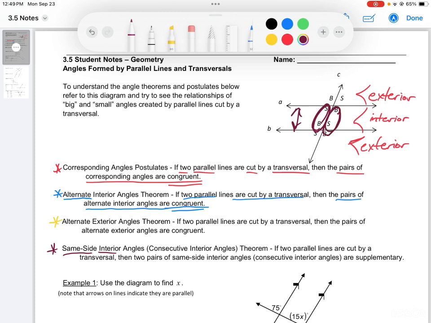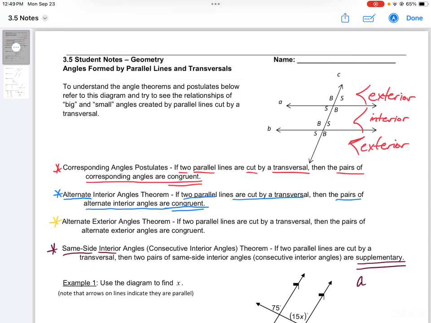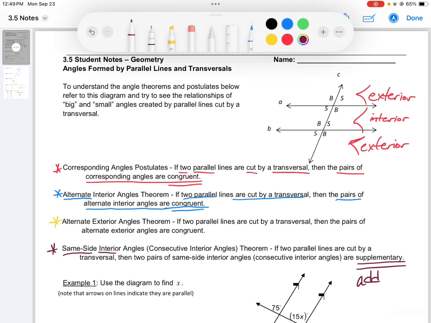So these pairs right here, those are same side interior angles, okay? And they are supplementary, not congruent. They're supplementary, and if you forgot what that means, it means they add up to 180 degrees.